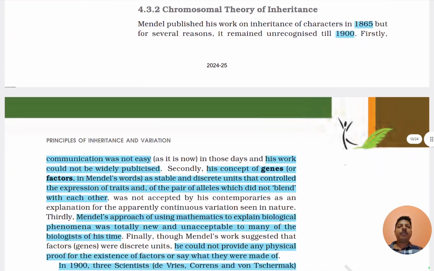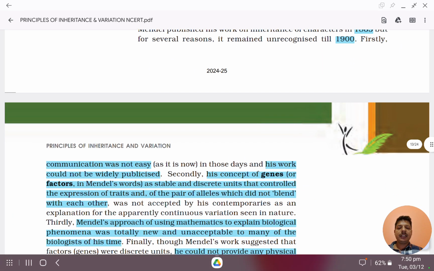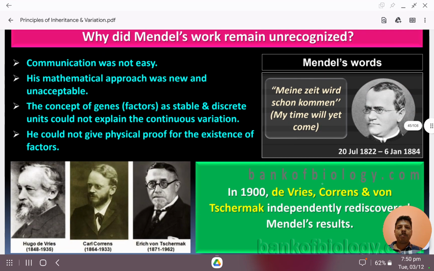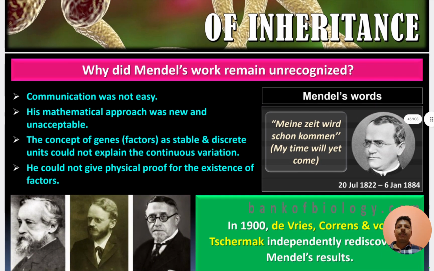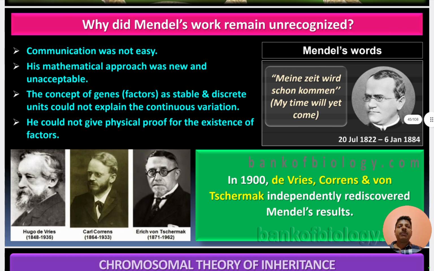Next is chromosomal theory of inheritance. Let's see what the PDF says here. Why did Mendel's work remain unrecognized? First of all, communication was not easy at that time. Its mathematical approach was new and unacceptable to some biologists, and the concept of genes or factors as stable and discrete units could not explain continuous variation.